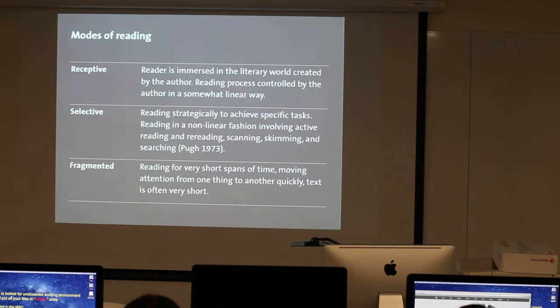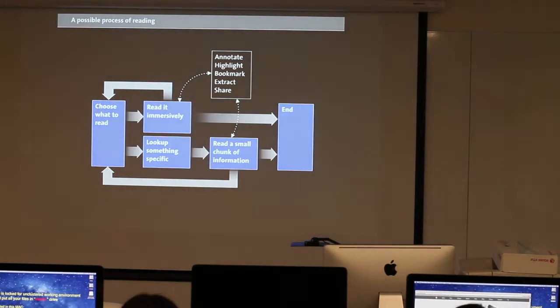So from this framework, I want to introduce you to something else this time. A possible process of reading. You need to choose what to read. You either read it immersively for sustained amounts of time, or you look something up specifically, and then you read a small chunk of the information. And then in that process, you might want to annotate.